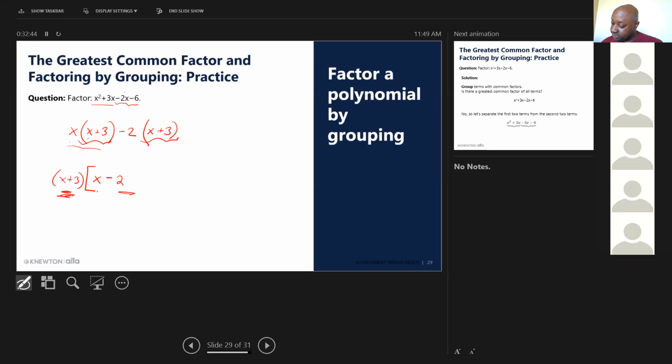Well, it's just negative 2. And then just rewrite this, changing my square brackets back to parentheses. That's it for that one.